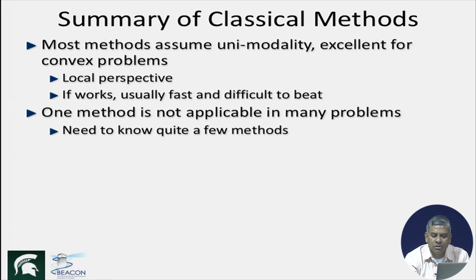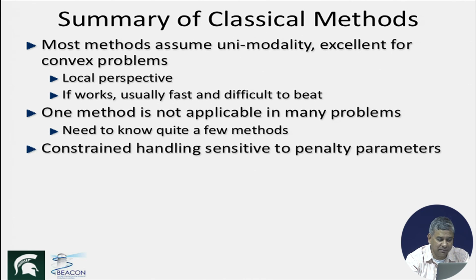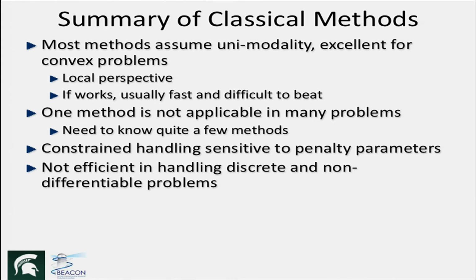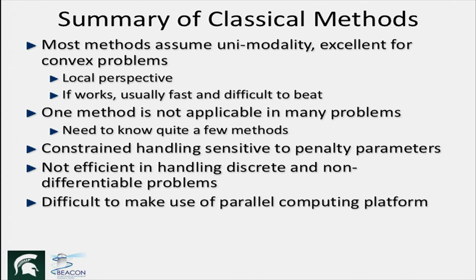So we see that effect, that on problems where the penalty function works well, maybe SQP doesn't do well, and where SQP does well, the penalty function doesn't do well. So that kind of experience we have. Constraint handling is sensitive to penalty parameters. That's why we do it in a sequential manner. They are not so efficient in handling discrete and non-differentiable problems because they use some fix-ups which are not scalable.